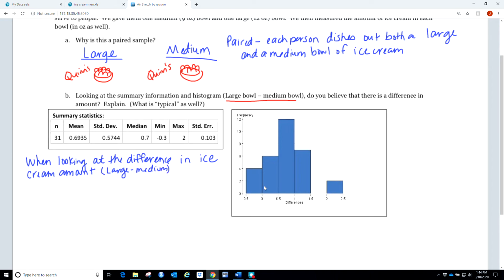Looking at the graph, hopefully we would describe it as unimodal. Now, does it look like it's skewed left, skewed right, or pretty symmetric? Well, it's definitely not perfect, but it does actually look pretty symmetric. The mean and median being so close to each other also helps me confirm that it's roughly symmetric.